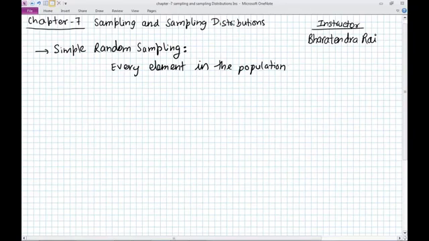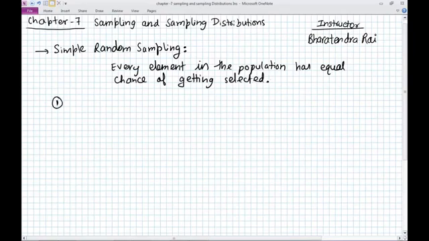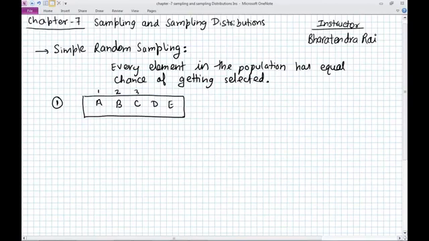of getting selected. For example, let's say we have a very small population, and this small population consists of only 5 elements. So we name them A, B, C, D, E. We can number them like 1, 2, 3, 4, 5.